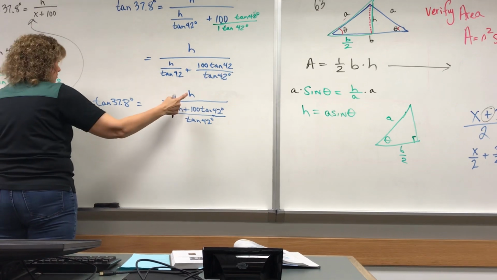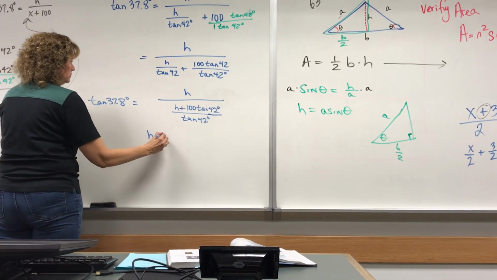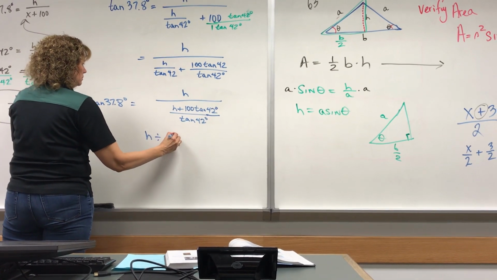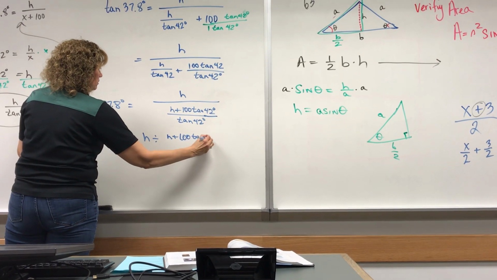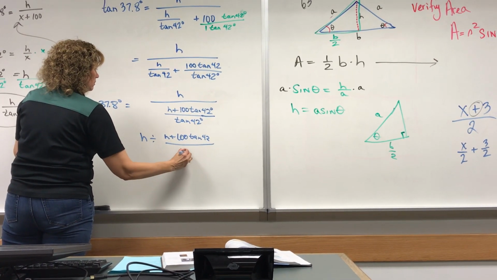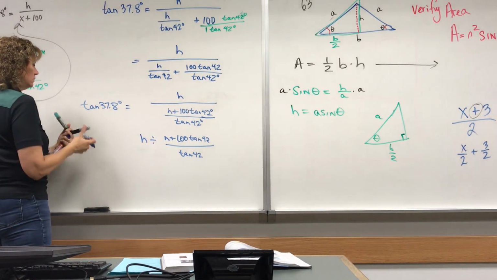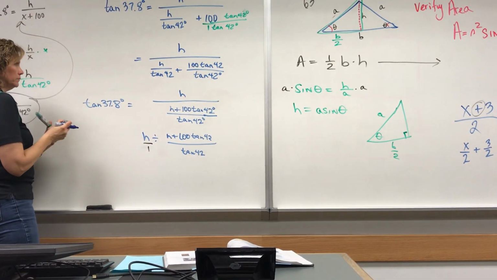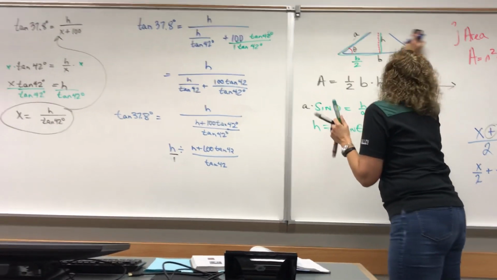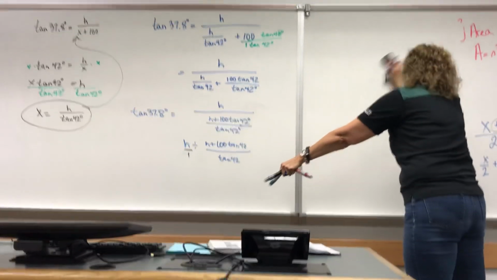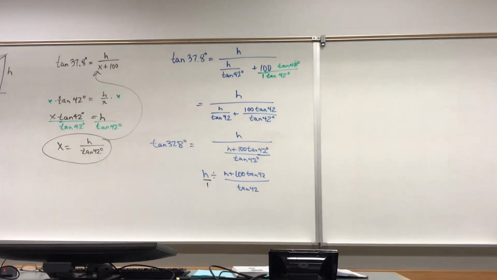Okay, so now I've got h divided by this. Let's just write it. So when you have two fractions being divided, what do you do?